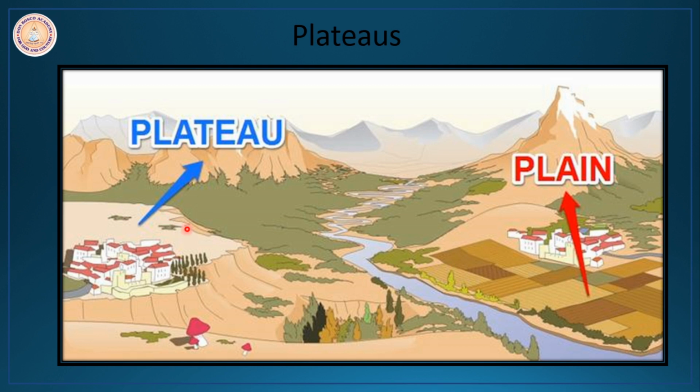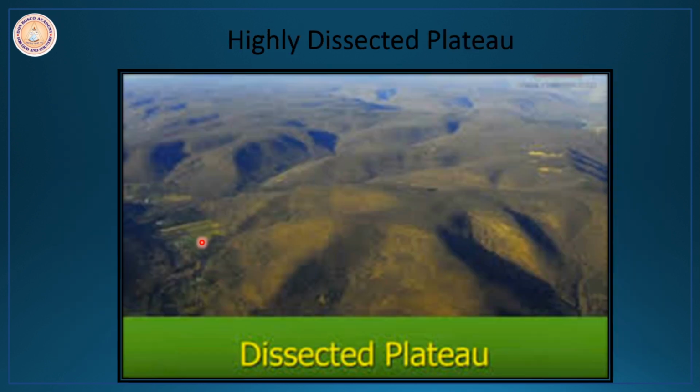Sometimes these plateaus are highly dissected. You can see over here, this is a highly dissected plateau of land which has been dissected by water. That means many streams have been crisscrossing this plateau land, which has led to large scale erosion of the region.